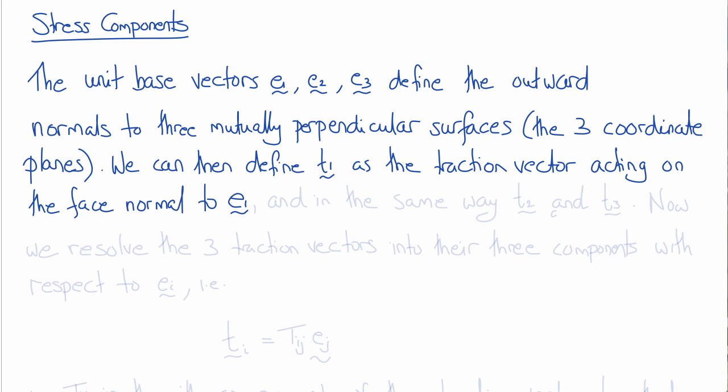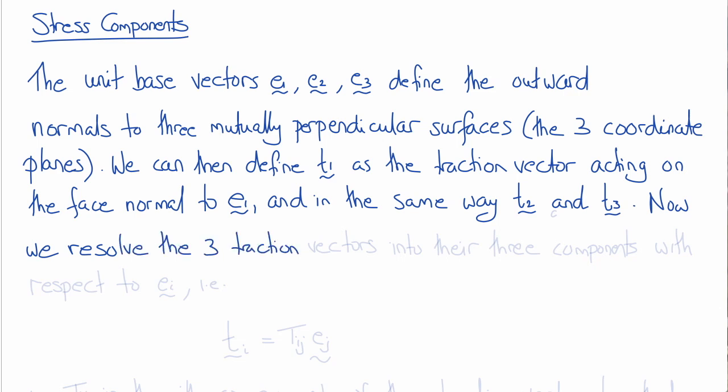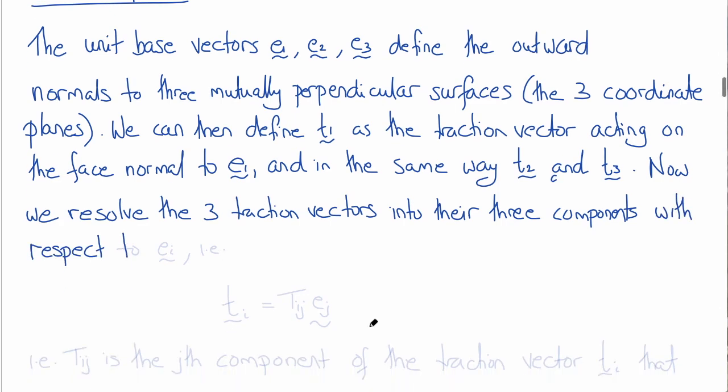And similarly, we can define T2 as the traction vector acting on the plane whose normal is E2, and T3 as the traction vector acting on the plane whose normal is E3. Now, if we resolve each of these three traction vectors into their three components with respect to that same coordinate system, then we get 9 numbers, the three components of each of these three traction vectors.